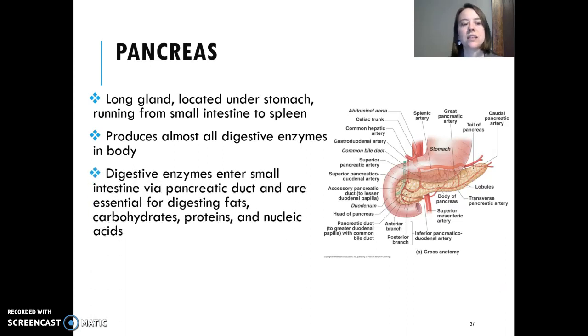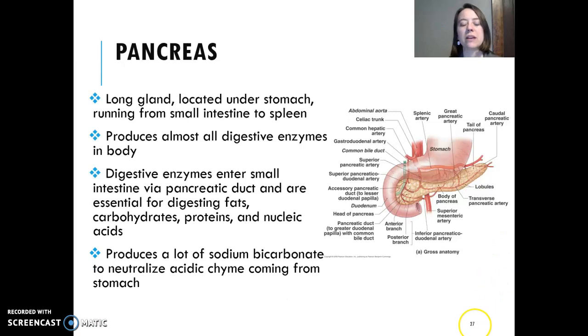So the digestive enzymes enter the small intestine via the pancreatic duct, and they are essential. The digestive enzymes are essential for digesting fats, carbohydrates, proteins, and nucleic acids, which, if you remember from biology, are your 4 biological molecules.